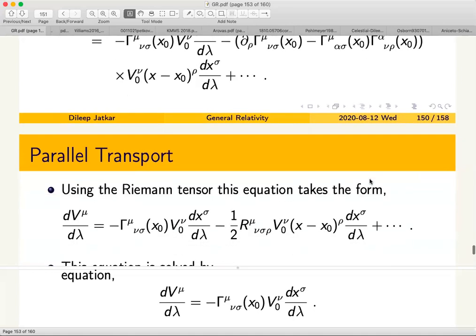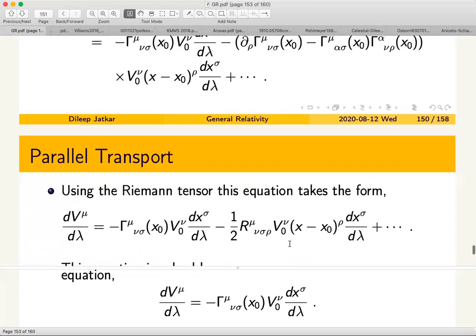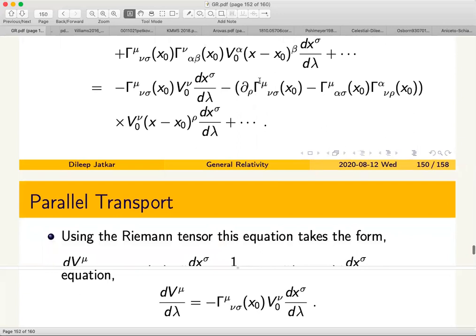So that's what we will do. We'll write this expression as half the Riemann tensor. Now remember, like I told you, you can write del rho of gamma equal to half del rho of gamma plus half del rho of gamma, and then you do a rho and sigma swap and flip the sign.